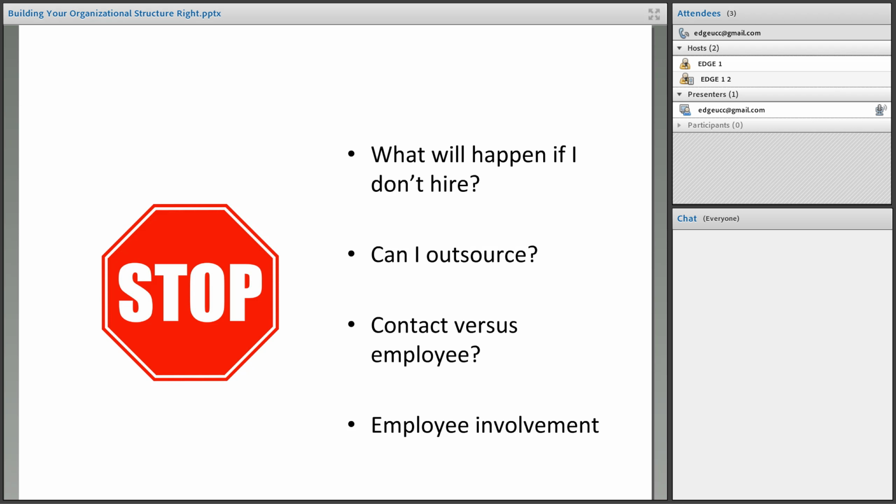Instead, they may use an agent. So that's an example of outsourcing. It happens on the HR side. It happens on the accounting side as well. So you want to ask yourself, okay, can I outsource this? Do I have to bring in an employee full-time or part-time, or can I outsource? Contract versus employee. That's the other thought process.